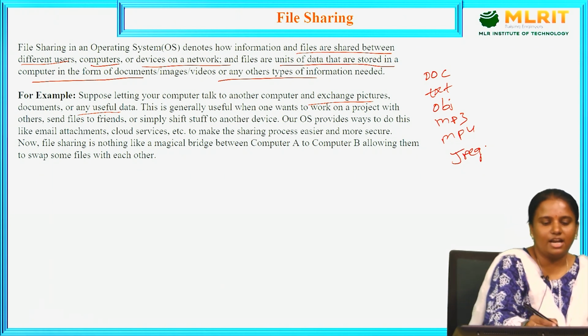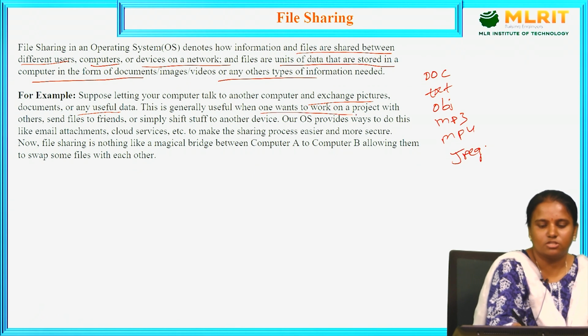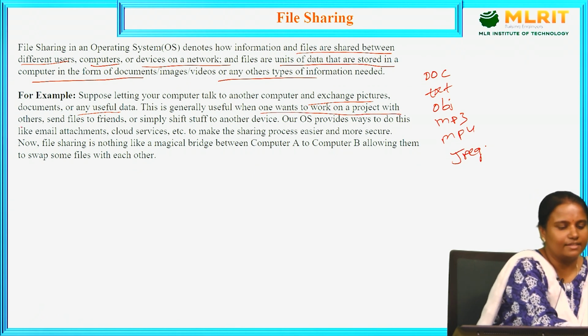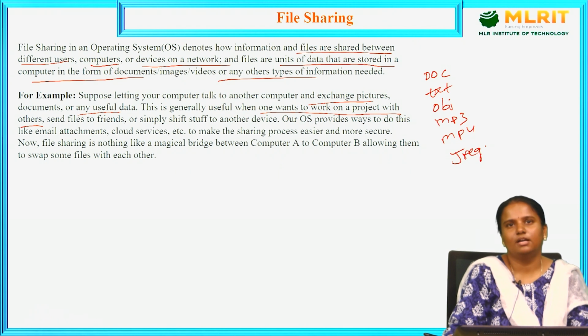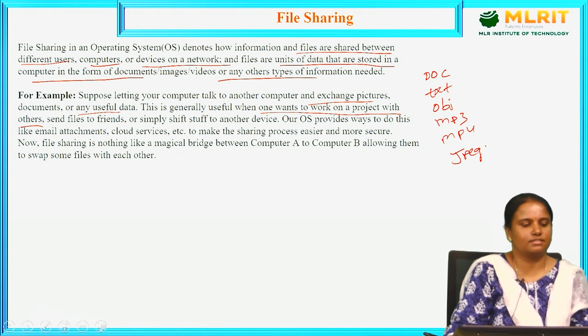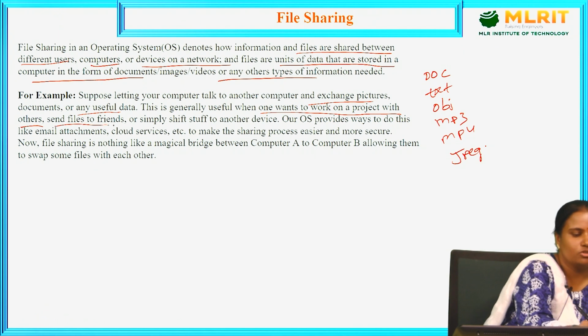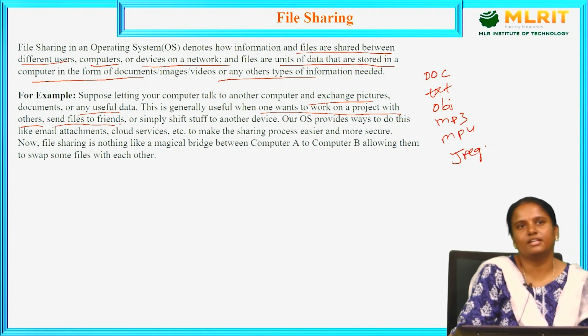This is generally useful when one wants to work on a project with others. If one system wants to work on a project, it can be shared with others, for example by sending files to friends, meaning sharing the related project work with others.